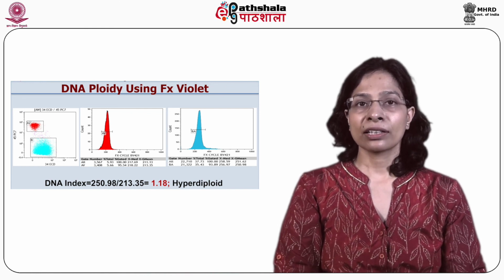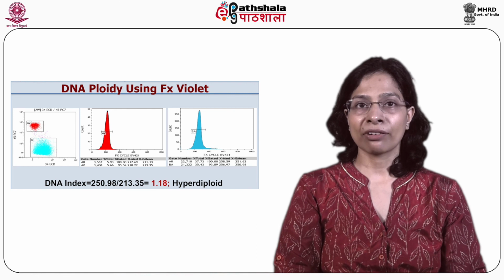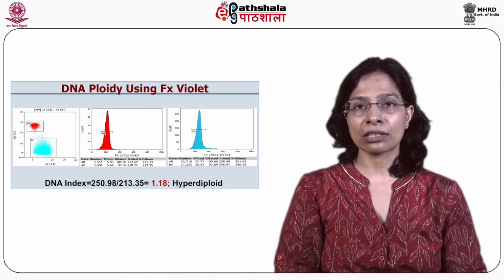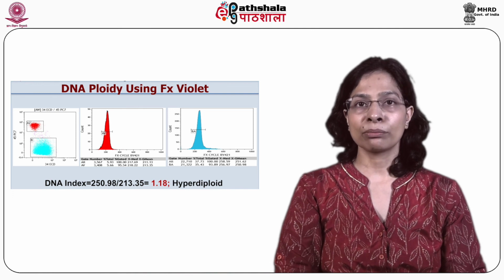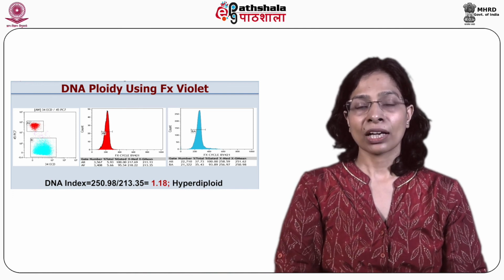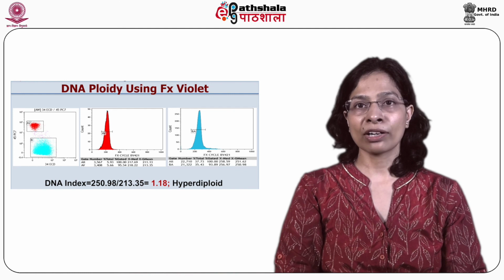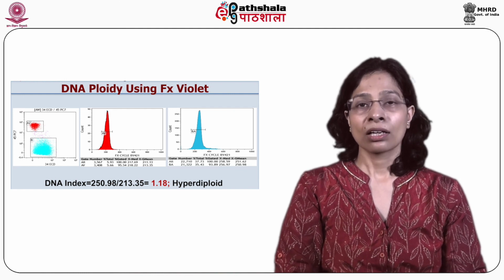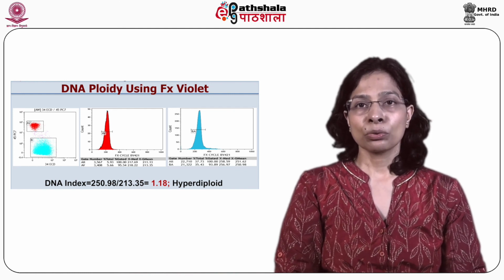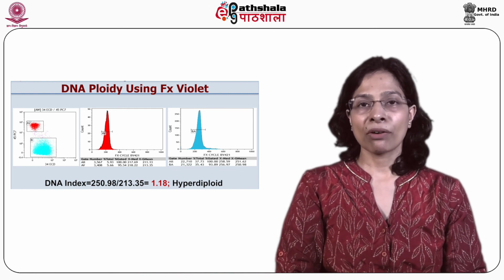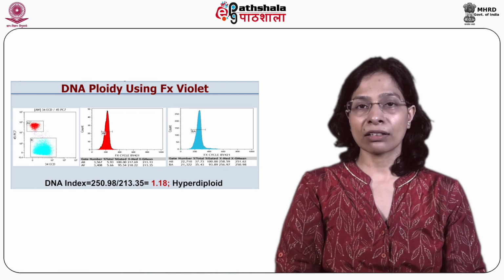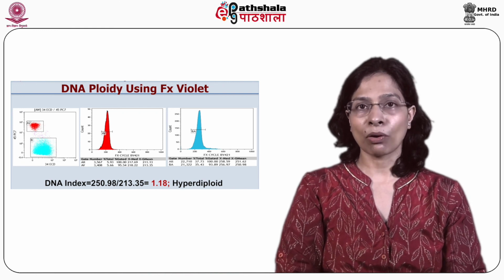So, the DNA index has been calculated by dividing the mean fluorescent intensity of the blast cells by the mean fluorescent intensity of the mature lymphocytes, and we get a DNA index of 1.18. So, this tumor is hyperdiploid because anything which is above 1.06 is taken as a sign of hyperdiploidy.